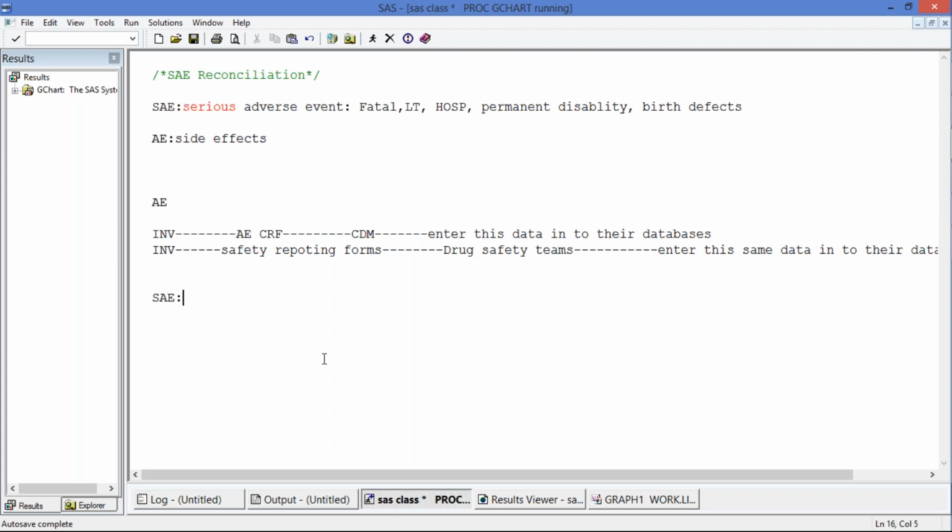Checking each and every safety variable between two databases. And why do we need to do that? To make sure the data collected in CDM is consistent with the safety data.